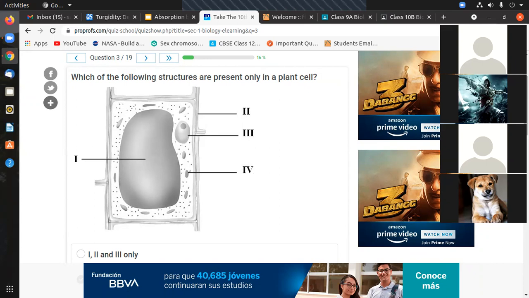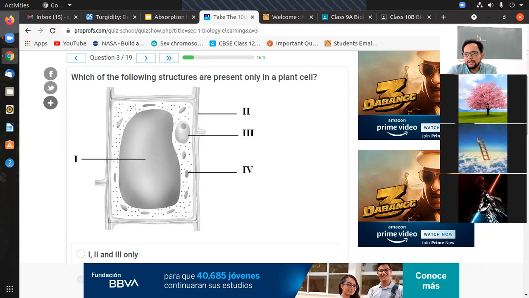Neeraj, would you want to try? It's two, because cell wall isn't there in animal cells. Okay, are you sure? Yes, sir. I think it should be one as well, because it's a large vacuole, right?